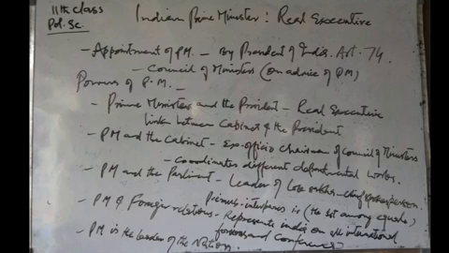PM is link between the Cabinet and the President and coordinates the work of different departments of the government. No minister can be appointed without the consent of the Prime Minister, or the Prime Minister can drop any member or minister from his Council of Ministers.